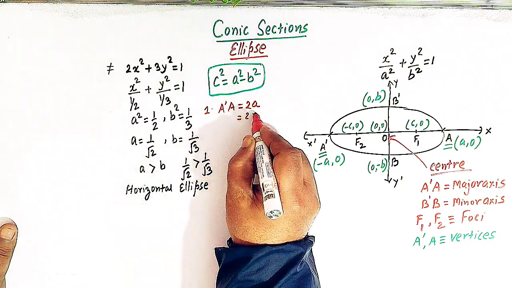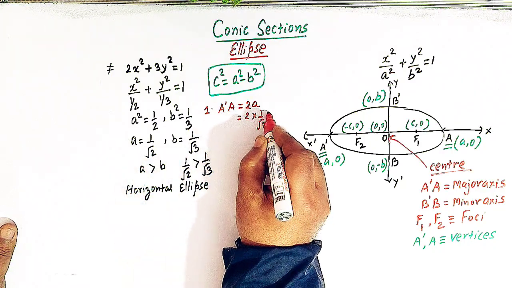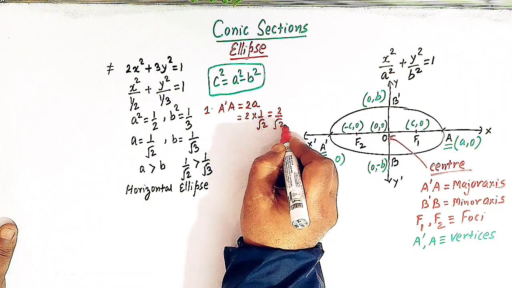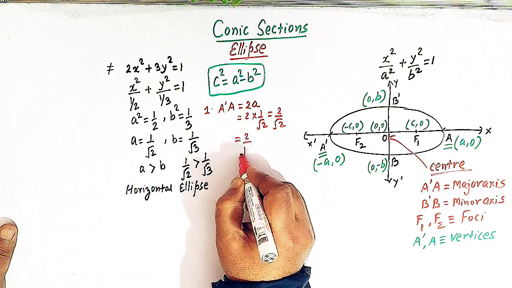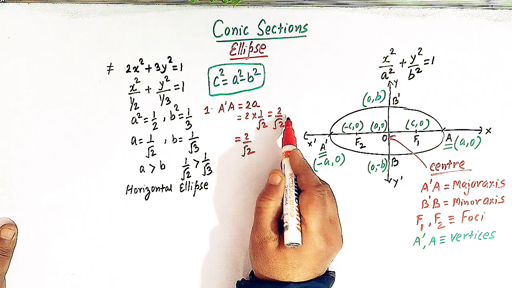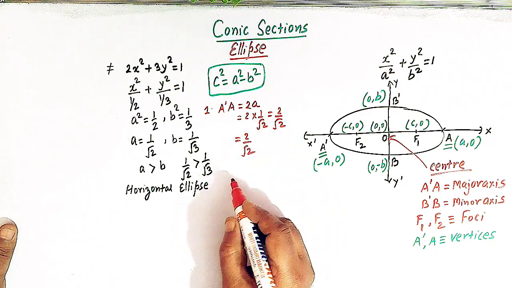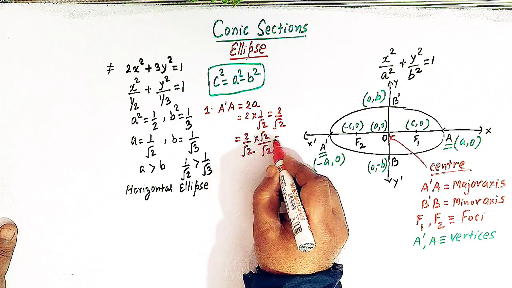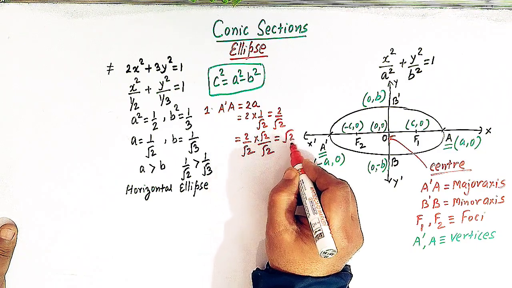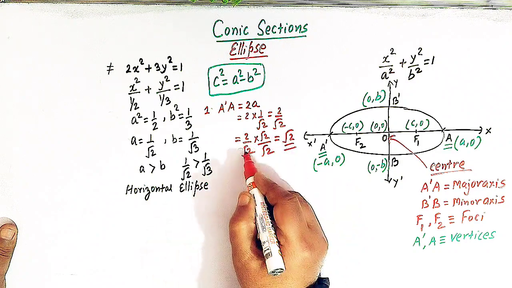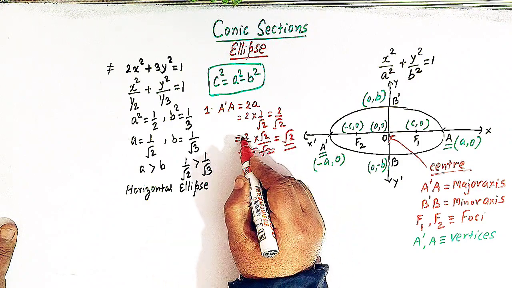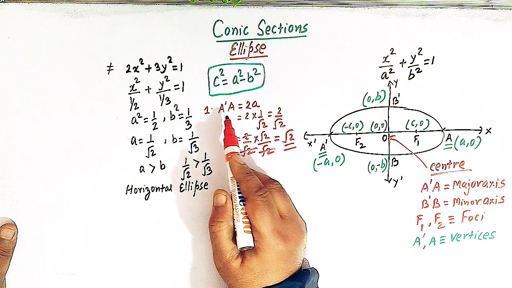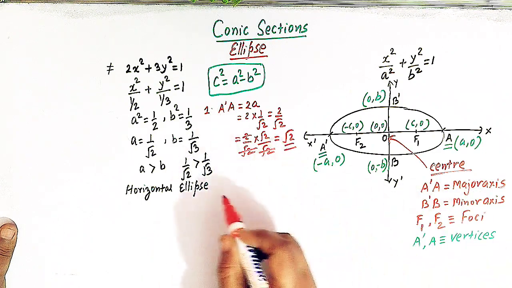So this is 2 times 1 over square root of 2, that is 2 over square root of 2. And let us rationalize it, the numerator and denominator. So we have square root of 2 over square root of 2. So we have simply square root of 2, right? So here these terms get cancelled. So the length of major axis is square root of 2.